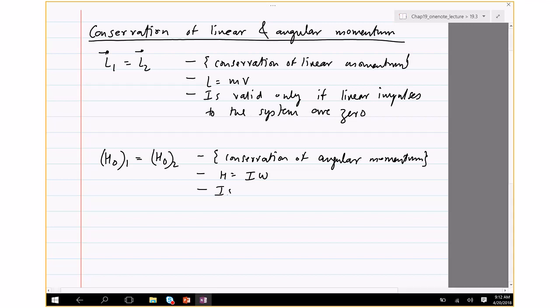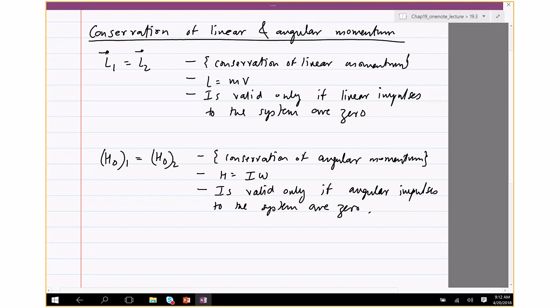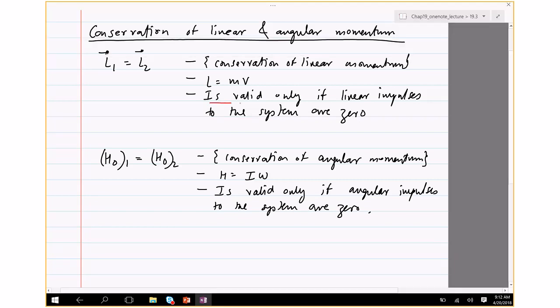This is valid only if angular impulses to the system are zero, so there shouldn't be any external angular impulses. In fact, if there are external impulses, then you have to use the principle of angular impulse and momentum.